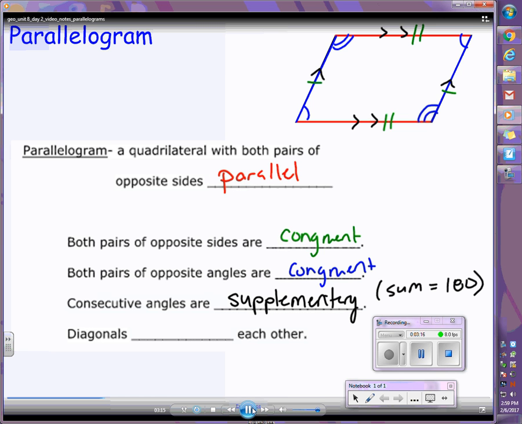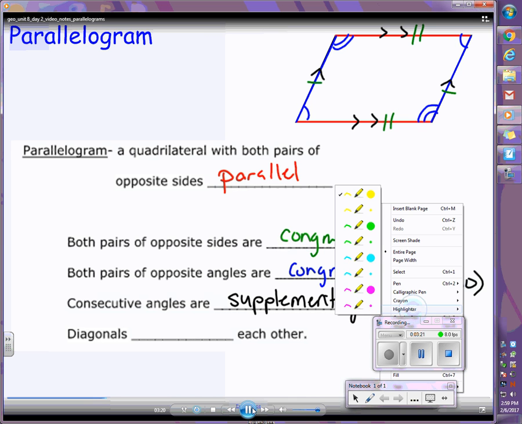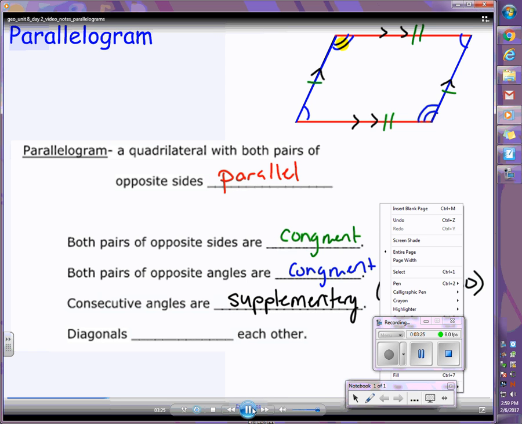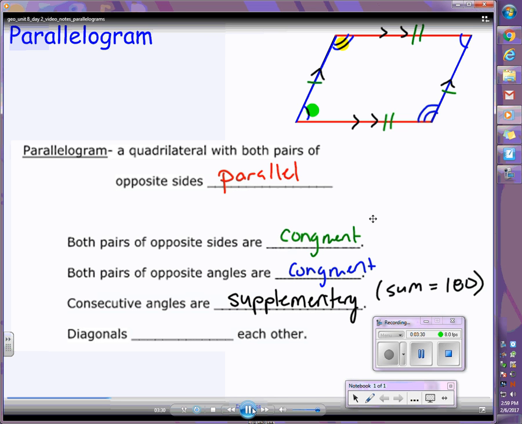So the angle in the top left is consecutive with the bottom left. They're both on the left side of that blue line, so that means they're on the same side. And then they're both in between two lines, so that means they're same side inside. So those are consecutive. Also, the top left and the top right are also consecutive. Just FYI for the future.